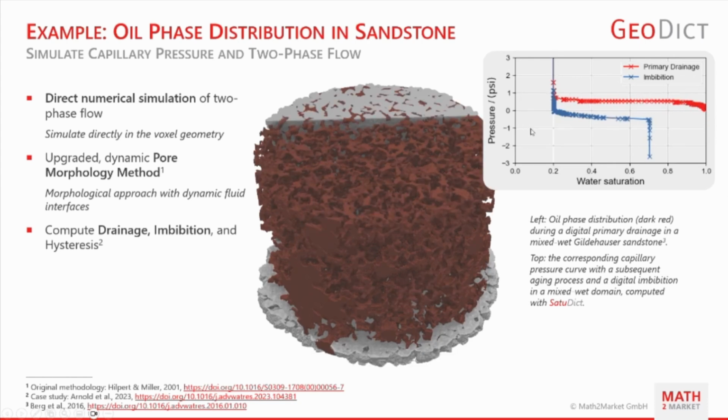With GeoDict, you can compute drainage, and then afterwards imbibition and the entire hysteresis cycle in this sandstone. So if oil replaces water, then water replaces oil, and back and forth. This is, of course, interesting for companies that try to get the oil out of the rock.